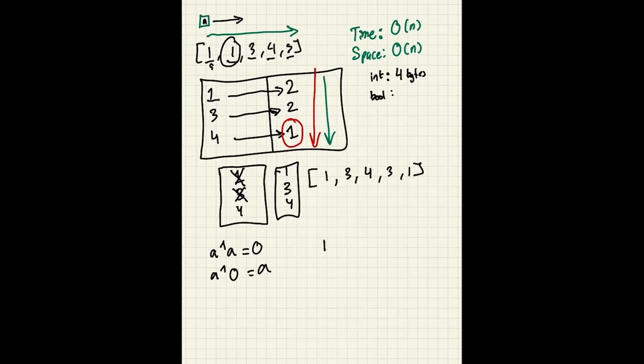So when we have this 1, 3, 4, 3, 1 pattern, what this actually allows us to do is cancel out things that appear twice. We know that if we XOR the 3 and the 3, that results in a 0. If we XOR the 1 and the 1, that results in the 0. And now we just have 0 XOR 4, which just leaves the 4.